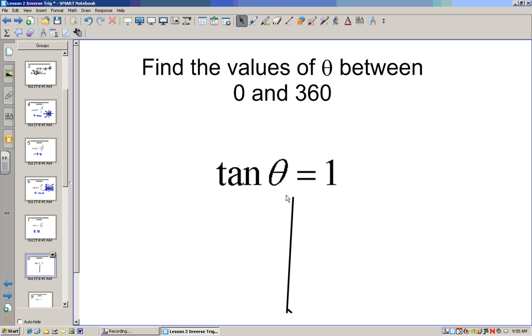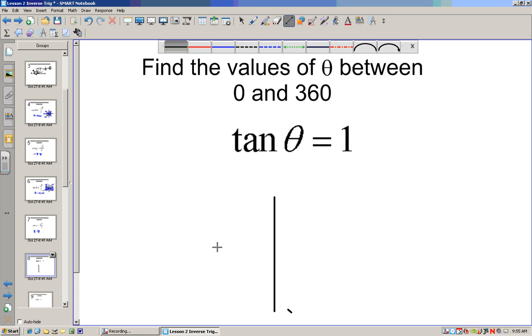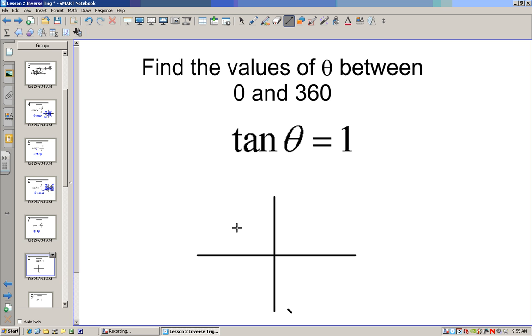All right, that's a little crooked for my line. So we want tangent of theta to equal 1. If I draw out my reference angles, that means the opposite over adjacent should be a positive one, so it'll work up here, and it'll work down in this quadrant because -1 over -1 is positive.